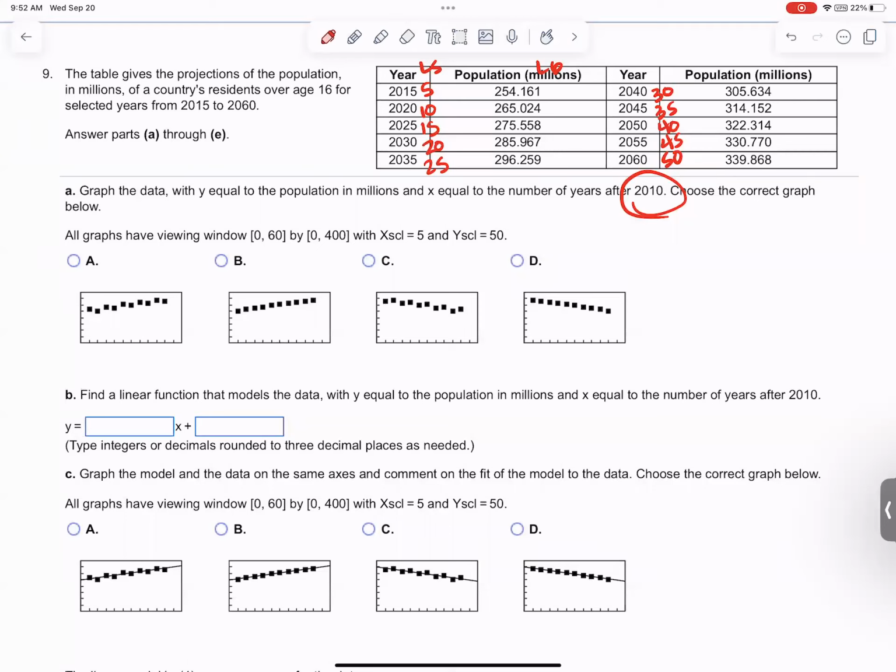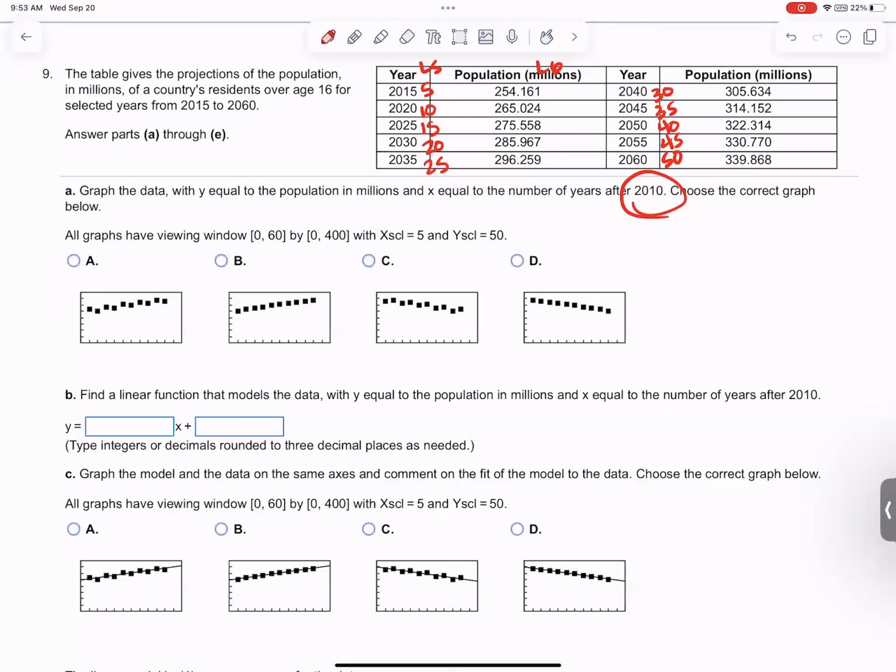Now they have their window set 0 to 60 by 0 to 400 with an X scale of 5 and a Y scale of 50, so I probably need to do that. So I'm going to go to my window and change that. It won't let me do it.